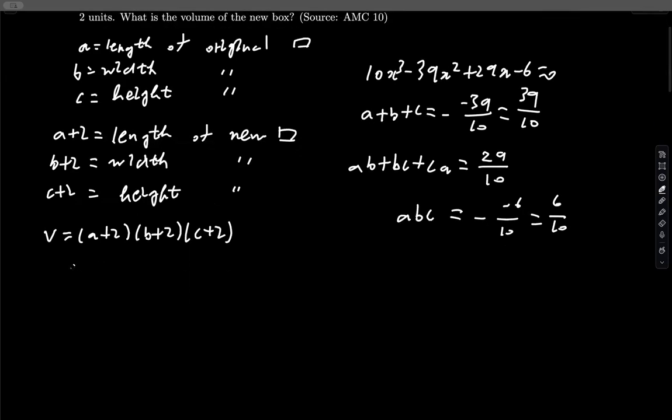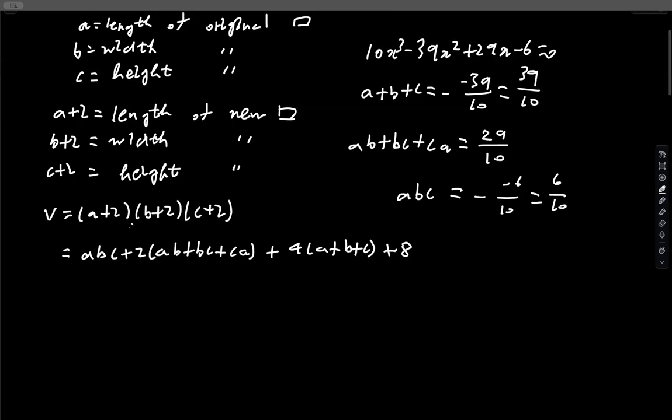Now, let's expand this. There's actually a very great trick when expanding it. This is what we should get when we expand it, but if you're not aware of this trick, you can just do it manually.